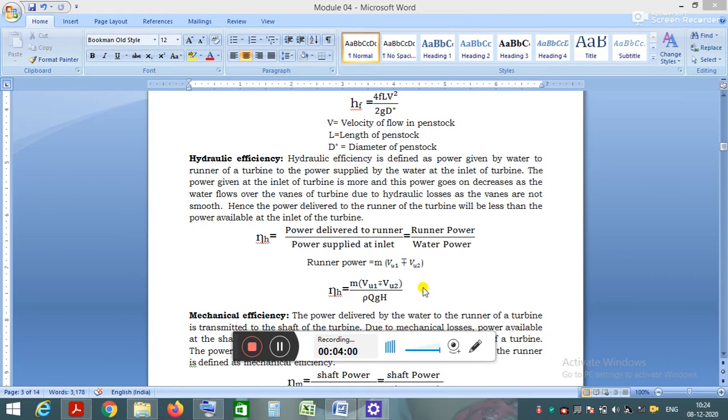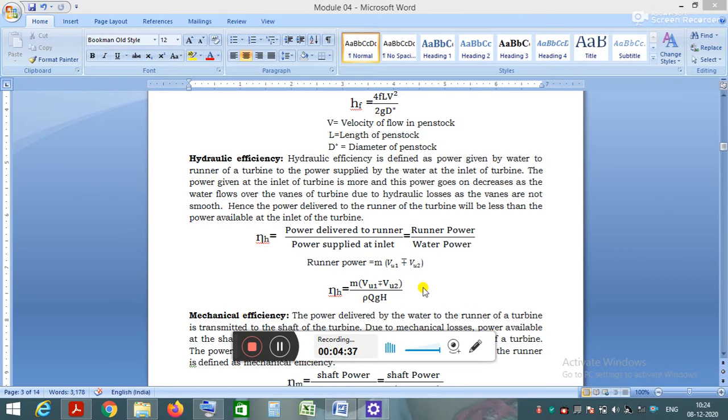Here I have used plus or minus sign because it depends on the directions of the tangential components Vu1 and Vu2. If they are in the same direction, we need to use the positive sign. If they are in opposite directions, we need to use the negative sign.